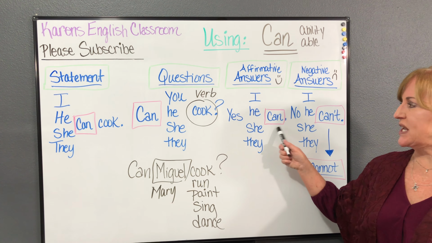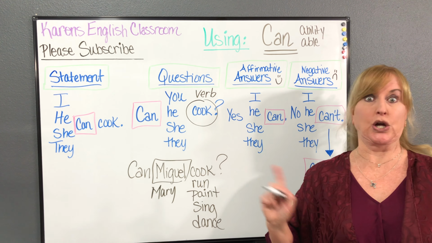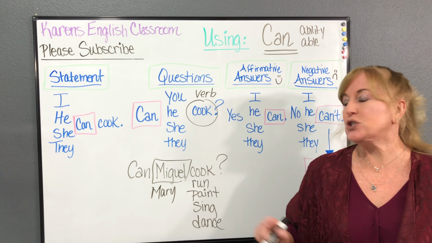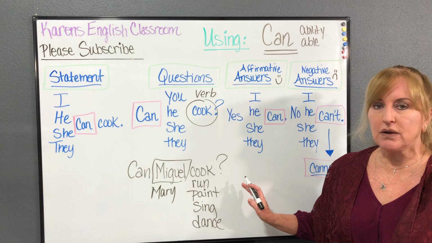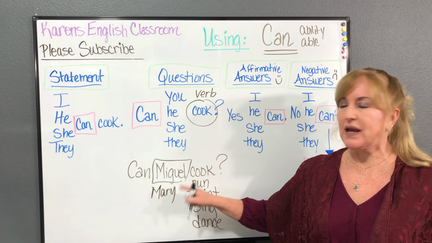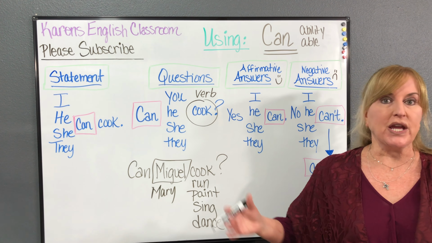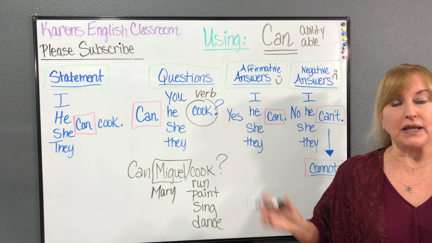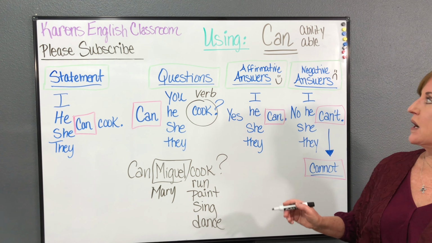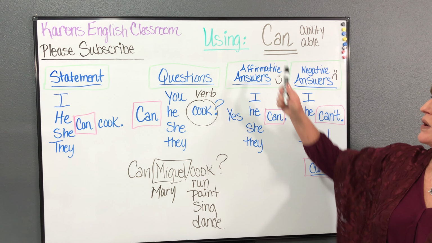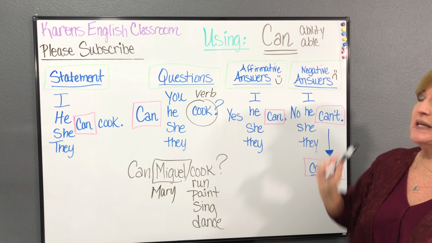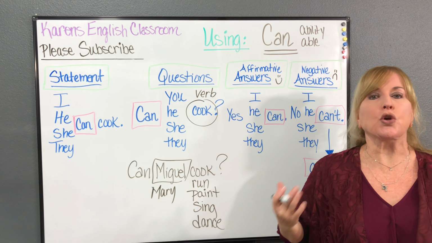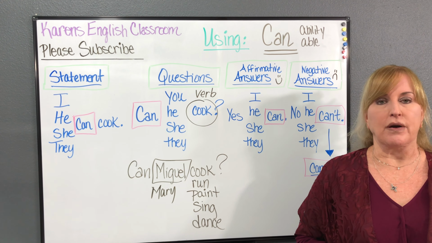I can say yes, she can, or no, she can't. Okay, so these are fine to use for verbs, any verb. You can use a name, Miguel, Mary, Tom, Jane, Jack, anybody, it doesn't matter, okay? All right, so using can is the ability and are you able to, all right?